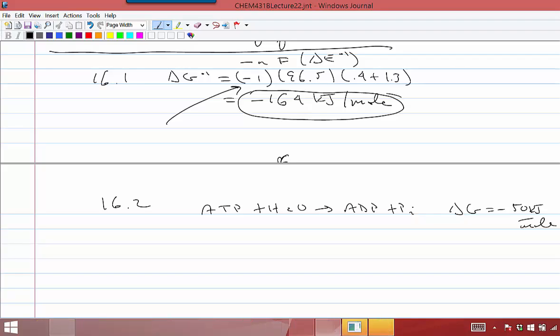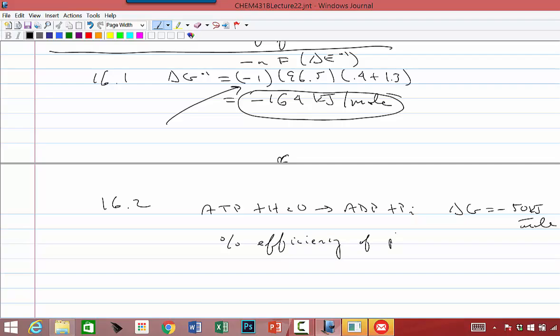And the question is, what is the percent efficiency of photophosphorylation, and we're supposed to be using light that has 700 nanometer wavelength.